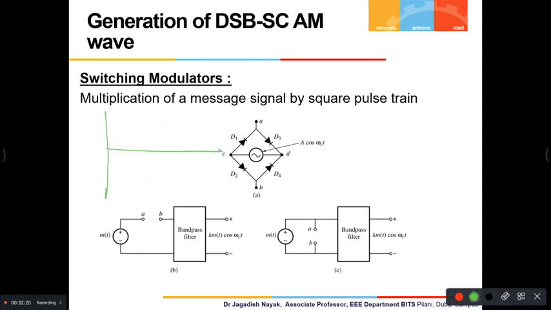Suppose this is your A, so this signal is A cos omega ct. The angular frequency of this is omega c. Now tell me what will happen at the points A and B during the positive half cycle.